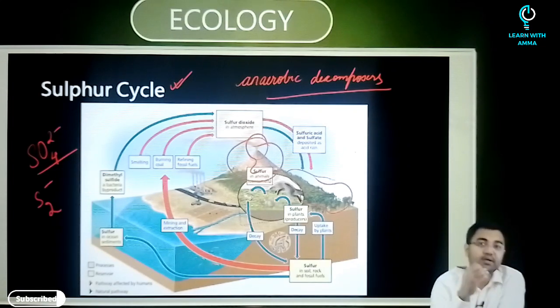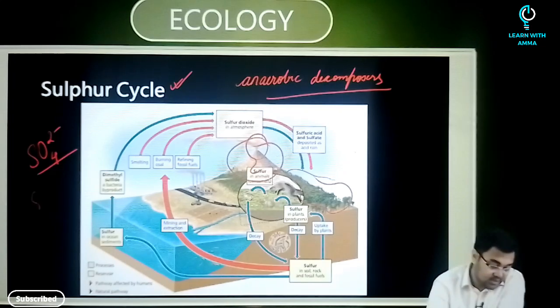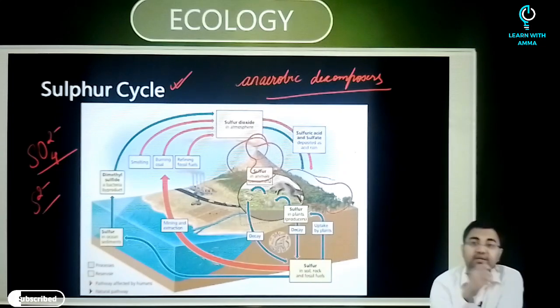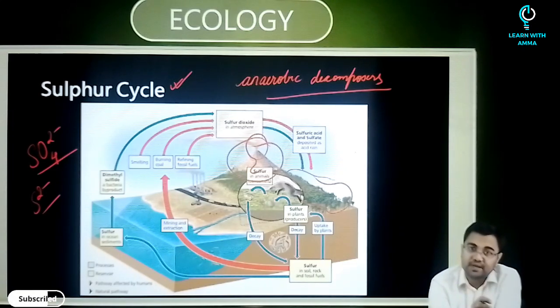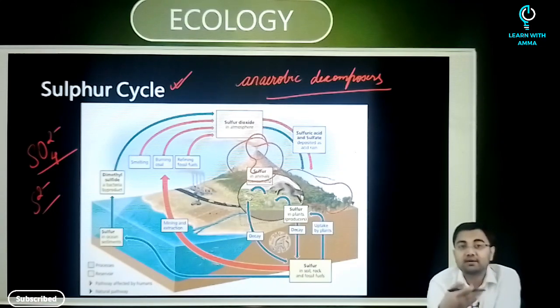It is S2 minus. The sulfide ion can then react with metal ions to form insoluble metallic sulfides. These insoluble metallic sulfides can deposit on rocks or as metal ores, and in this way the cycle would continue. So this is another way in which the sulfur cycle naturally continues.